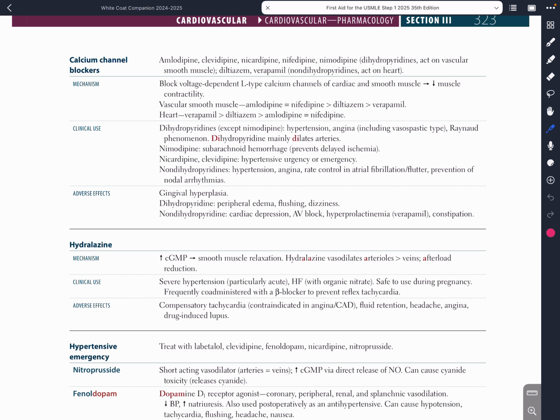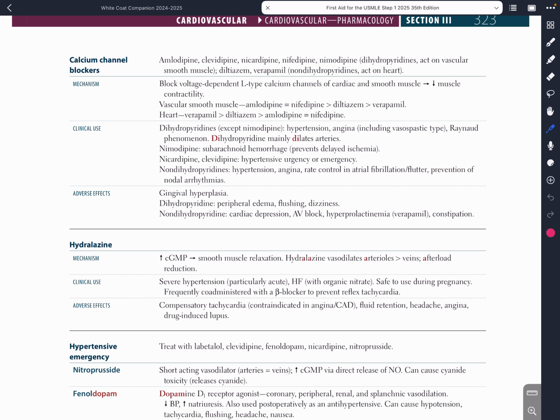The tissue has not died yet. There is only a little bit of spasm in the vessel causing decreased blood supply. Otherwise, the patient is fine. So the dihydropyridines, except nimodipine, help in hypertension, angina including vasospastic type, and Raynaud phenomenon. Dihydropyridines mainly dilate arteries.